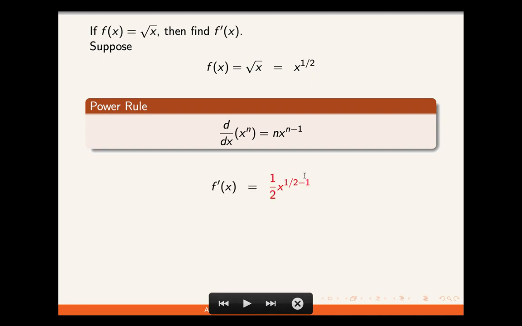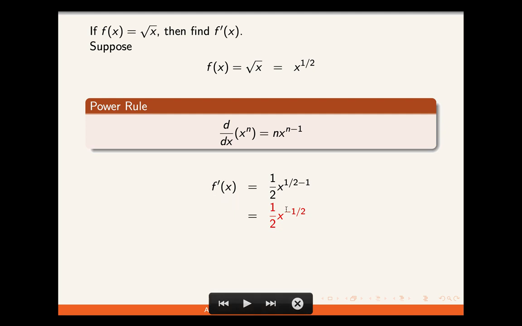So we just apply the power rule after changing the radical into the exponent form, and this is the derivative. If you want to rewrite it in an alternative form, we can simplify the power. This will be 1/2 times x to the power 1/2 minus 1, which is negative 1/2. That's another alternative form of the derivative of the square root of x.